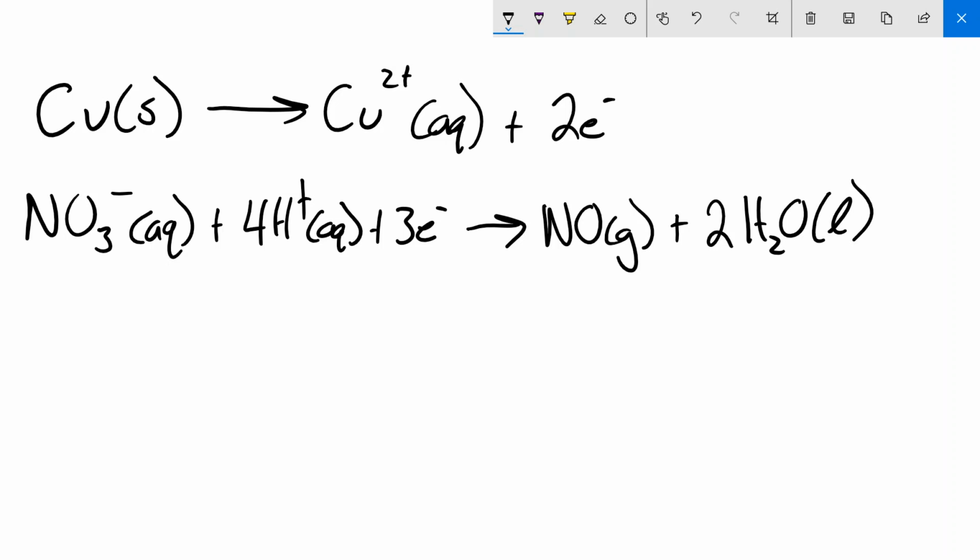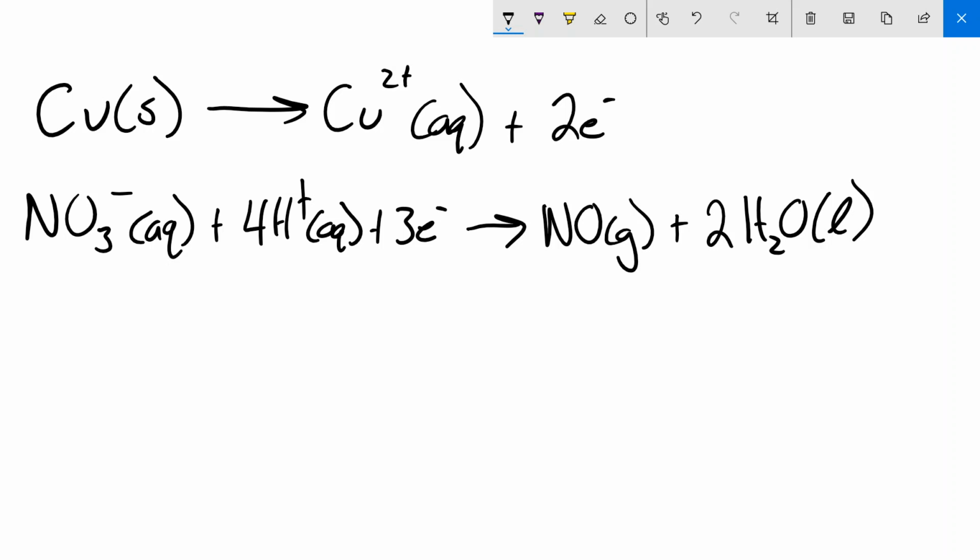Okay. Now, we've made sure that the charges in each reaction individually are equal, but now we need it for the overall process to have an equal charge. And one thing that you're going to notice, right off the bat, is that the number of electrons on the reactant and product side is going to be different, right?